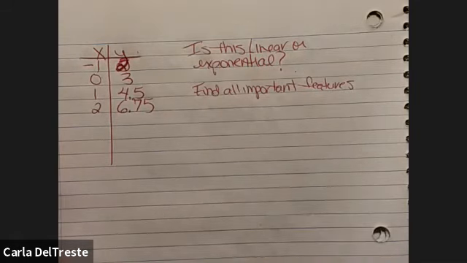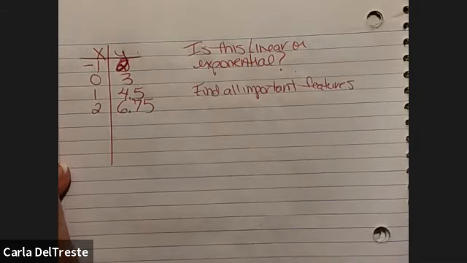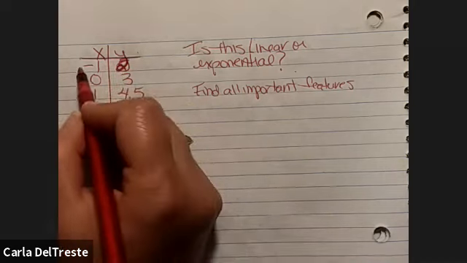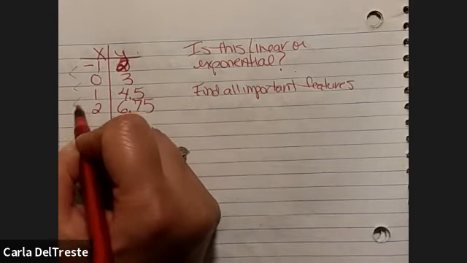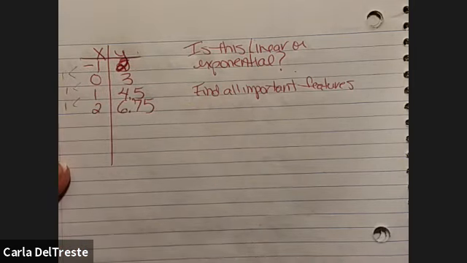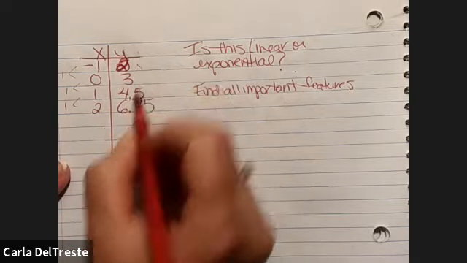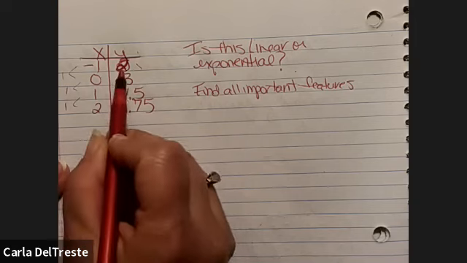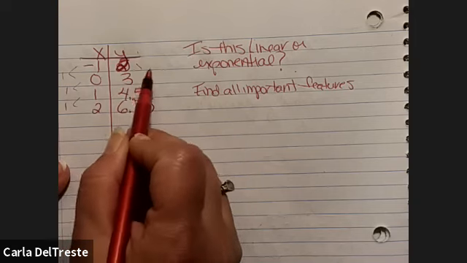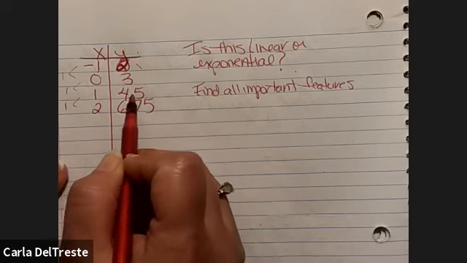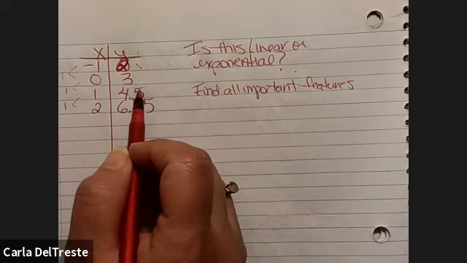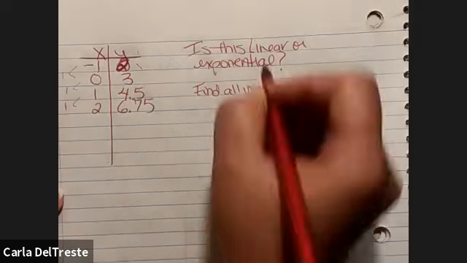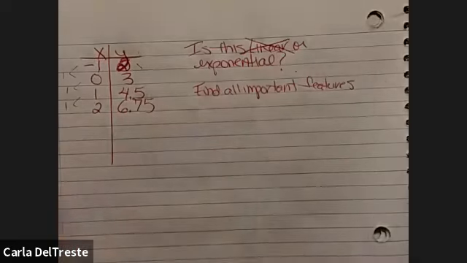So is this linear or exponential? Let's do a quick linear test first, because we just said to be linear, we have to look at that constant change. So x is changing by ones, okay? My y, you can already see with these decimals, is not changing constantly. From 2 to 3 is an increase of 1. From 3 to 4.5 is now an increase of 1.5. Definitely not the same. So we can cross out linear, okay?